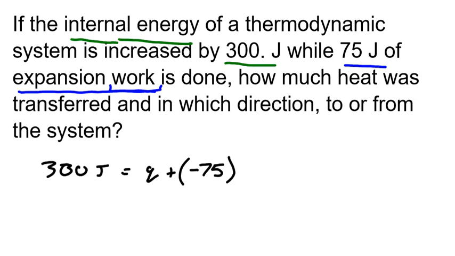So with a little basic math, we know that Q is equal to 300 plus 75 joules of energy, and this is a positive value. So this is going to be very endothermic. That means that heat is going into the system.